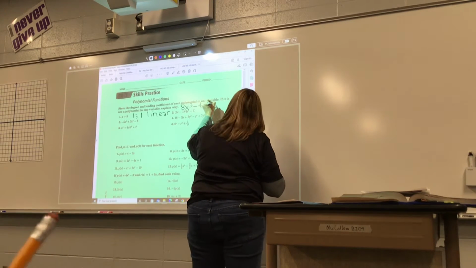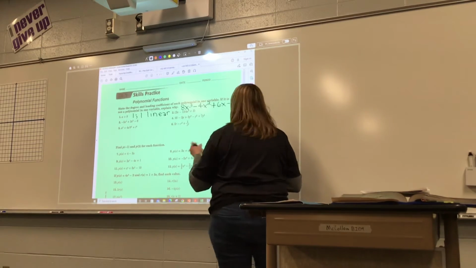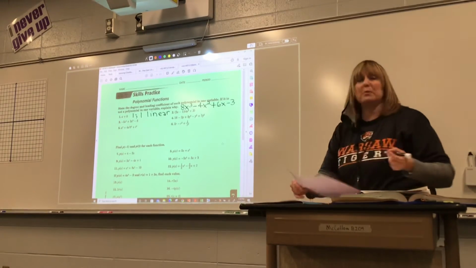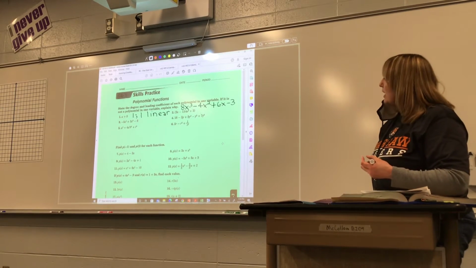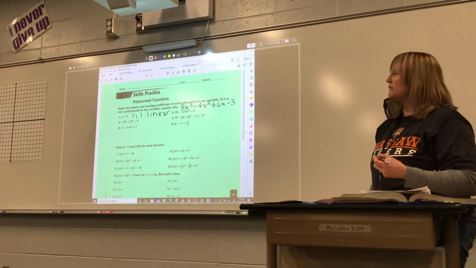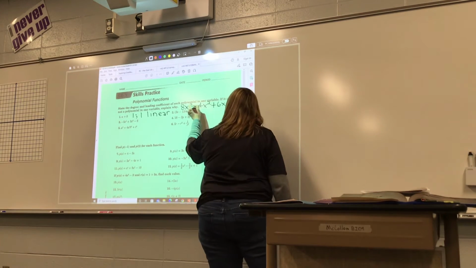Plus 6x minus 3. That may not have been the order you got when you did FOIL, but when you rewrite, that's the order. So, Lily, what is the degree of this polynomial? 3. Yep. And how about the leading coefficient? 8.